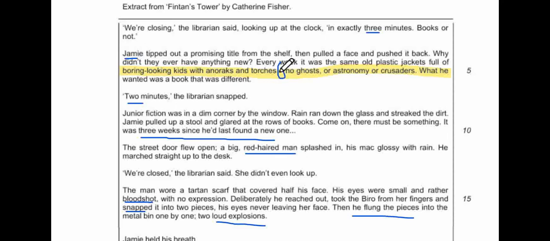Before the dash it says plastic jackets full of boring looking kids with anoraks and torches. And after the dash, no ghost or astronomy or crusader.